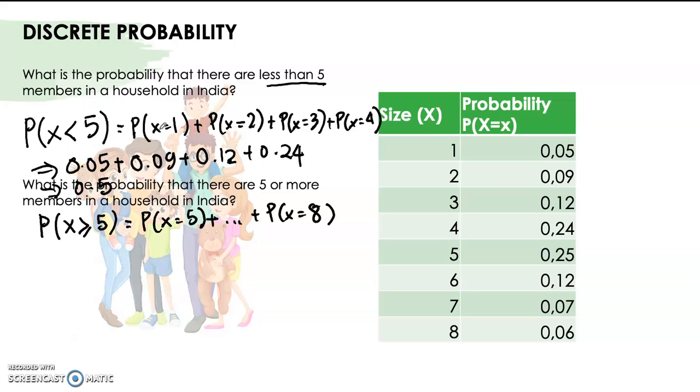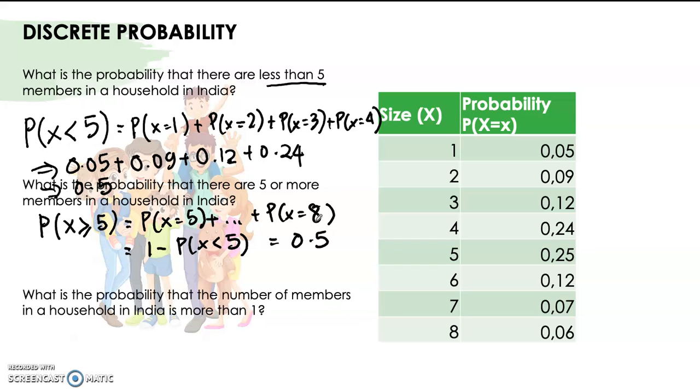Since we have worked on 1 to 4 and the rest is 5 to 8, we can just write it as 1 minus P(x less than 5). So it's also 50%, 0.5.